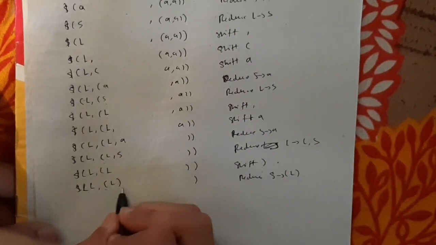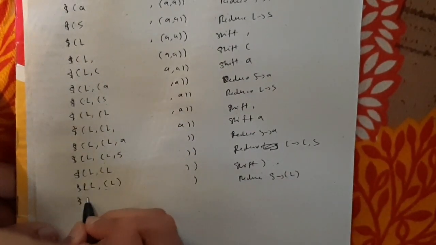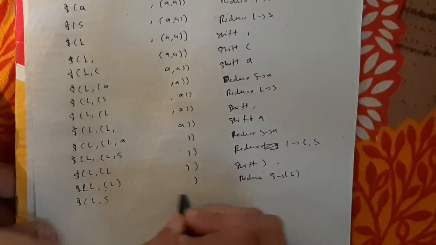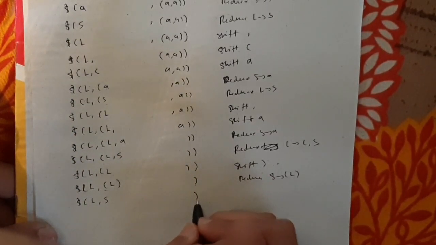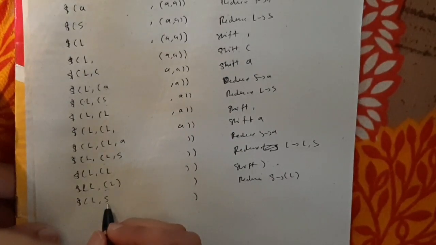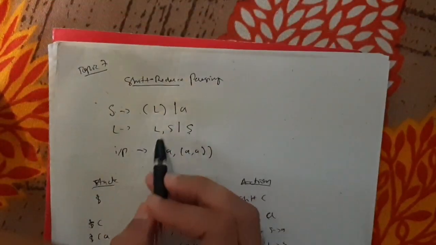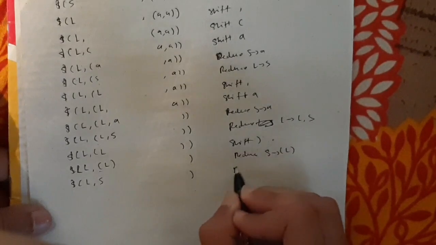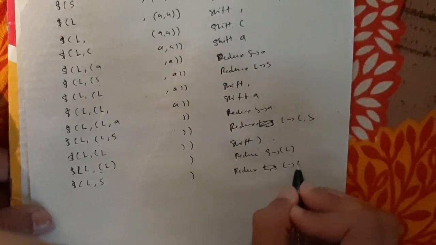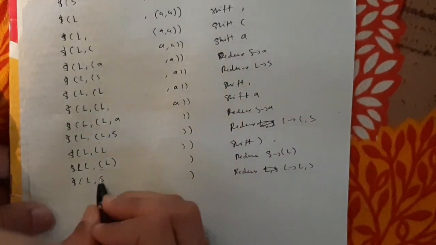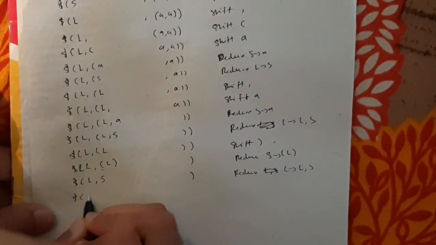So here instead of this I will be writing s, so here I'll have opening bracket and l comma s, and here I will have this one. And l comma s can be converted back to what? L, right? That's what I'm going to do, reduce l comma s, means l goes to l comma s. If I do this, this will be converted back to l, so I'll be writing here as l, and this will be as such.